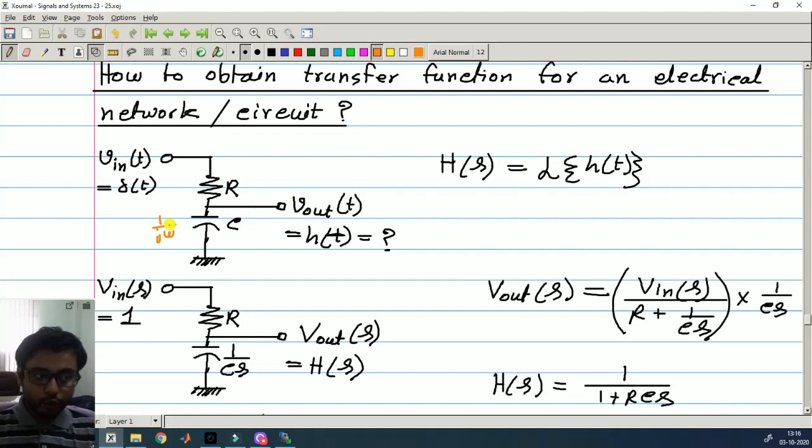And you see, when omega is large, this impedance is low, so output voltage will be low. That means for large input frequency, we will not get much output. But for low input frequency, omega is low, this impedance is high, and we will get large output.